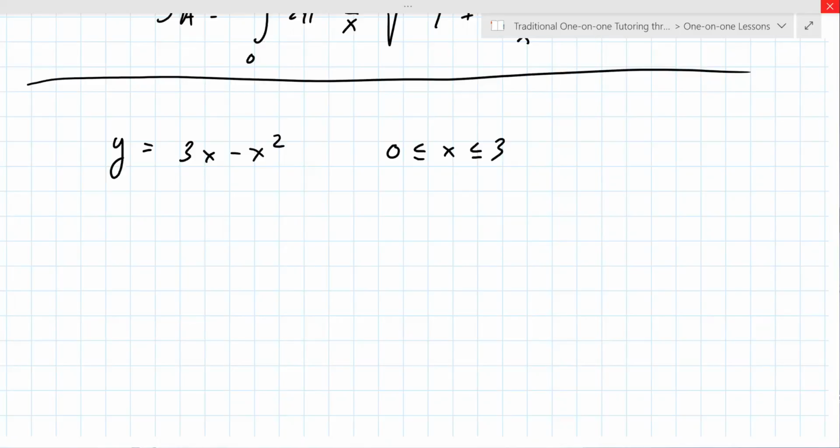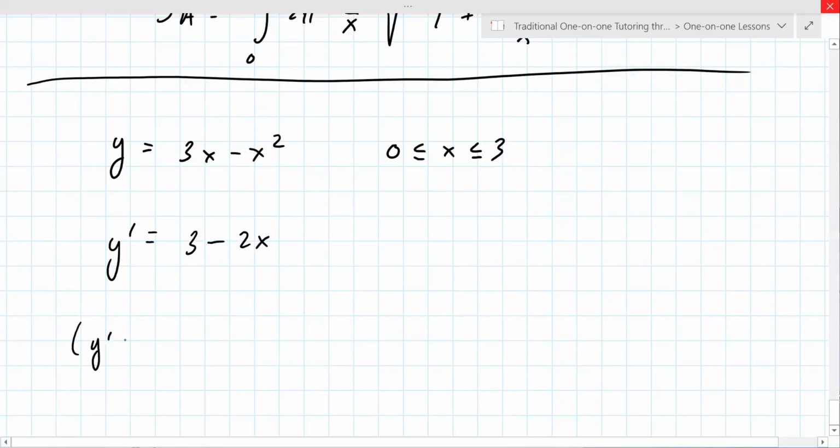I do think I'm done. All right, so the setup here is y prime equals 3 minus 2x. Then you square it. So you should square it, 9 minus 12x plus 4x squared, and you should simplify it.